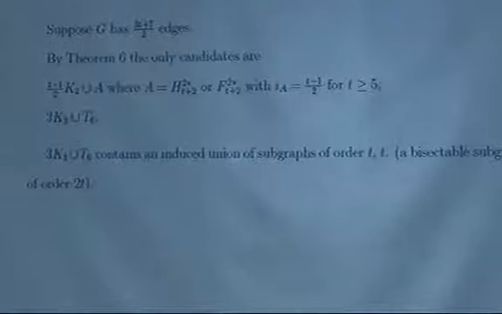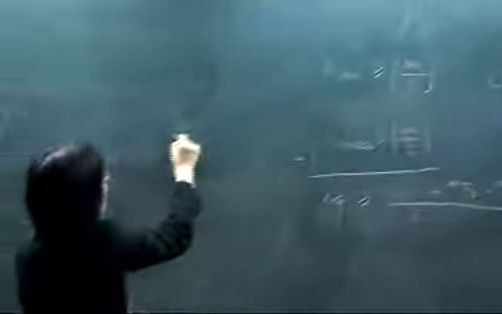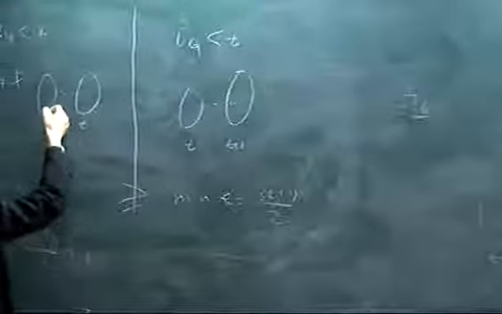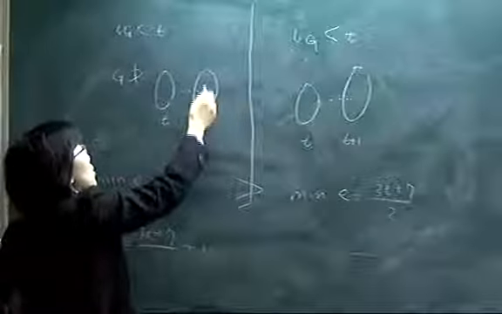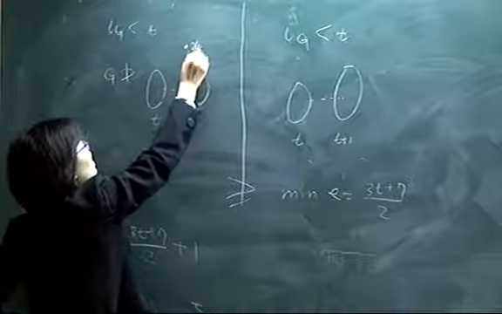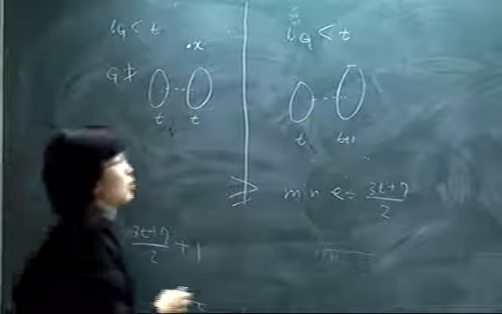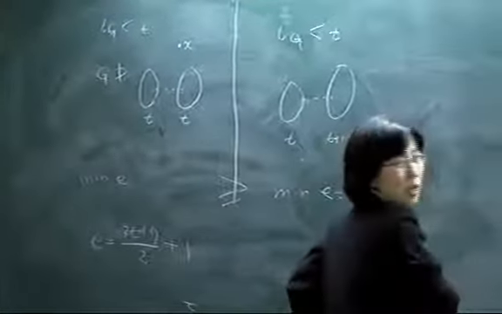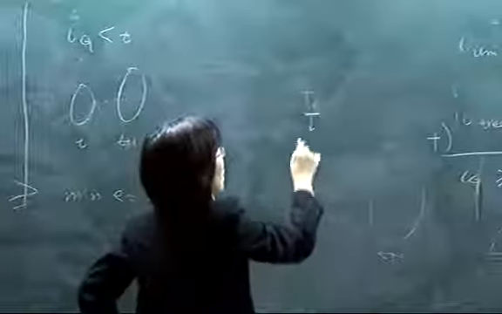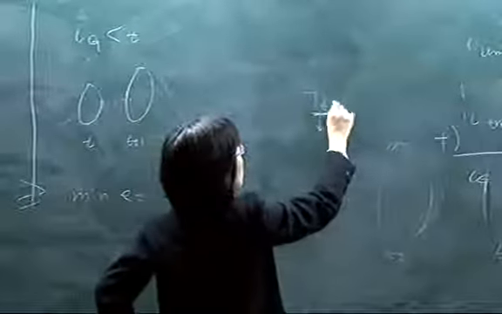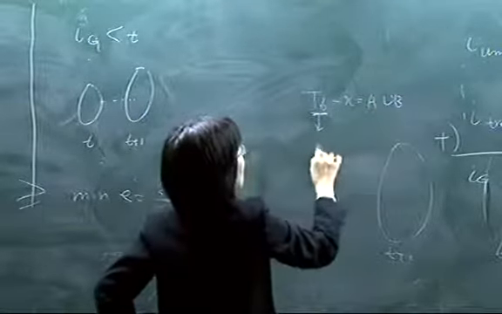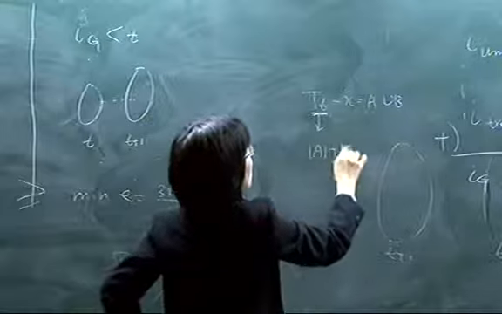If you have T6, this really says you have this kind of components, so you have one more vertex here. If you subtract x from here, then you can divide it into 2 parts. So T minus x is A and B, and A plus B is 5.